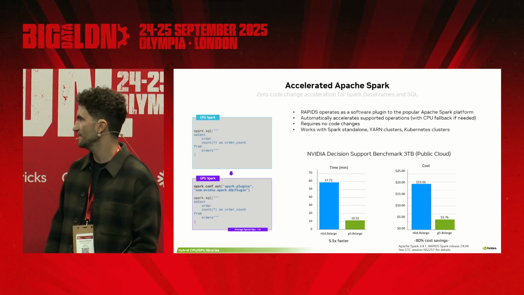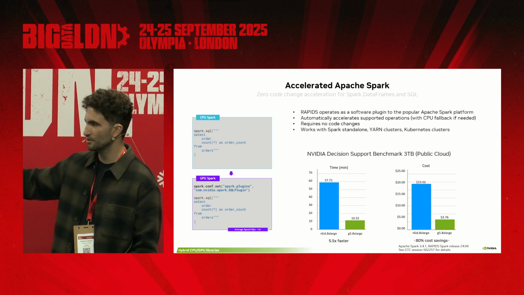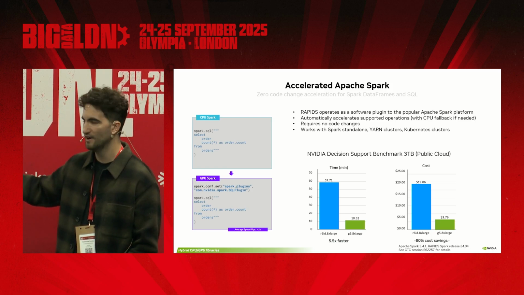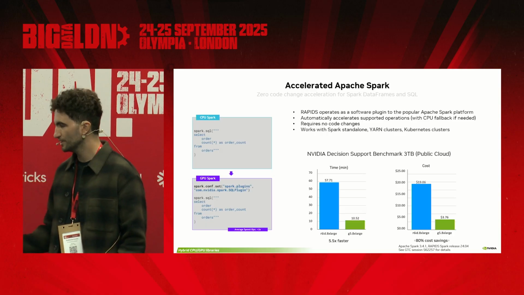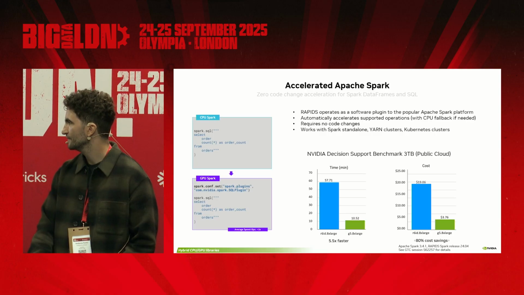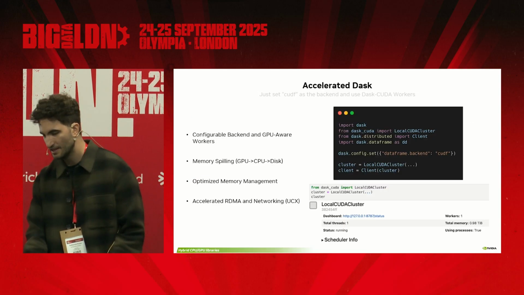Will this save me any money? And you can see that it's almost an 80% cost saving, for example, on AWS, from going from a CPU-based instance, an R6id, to a G5. You get the 6x speed up, which not only saves developer time, but also saves costs.